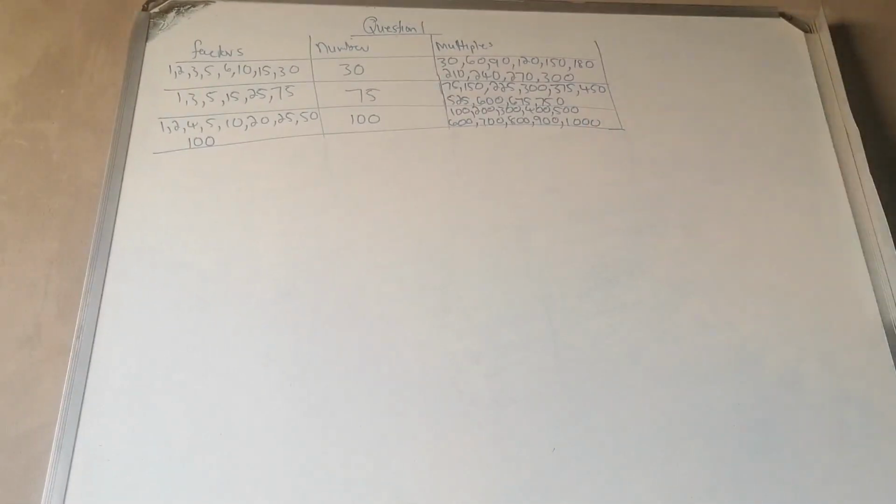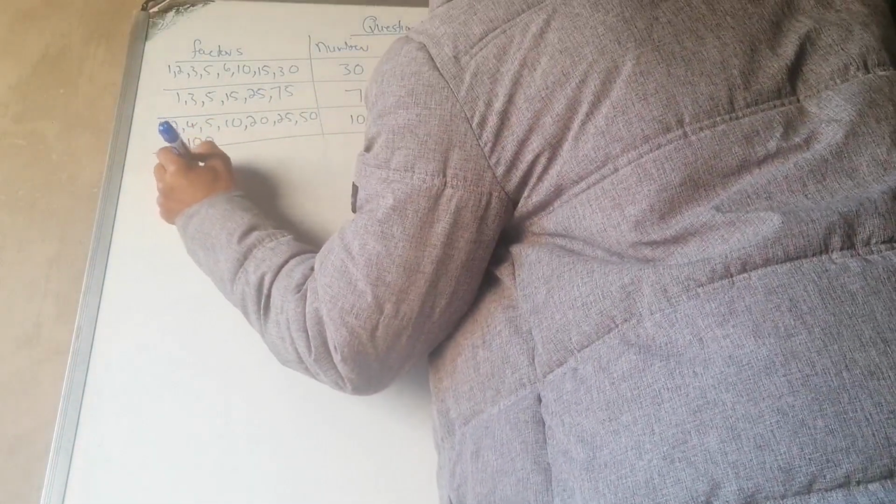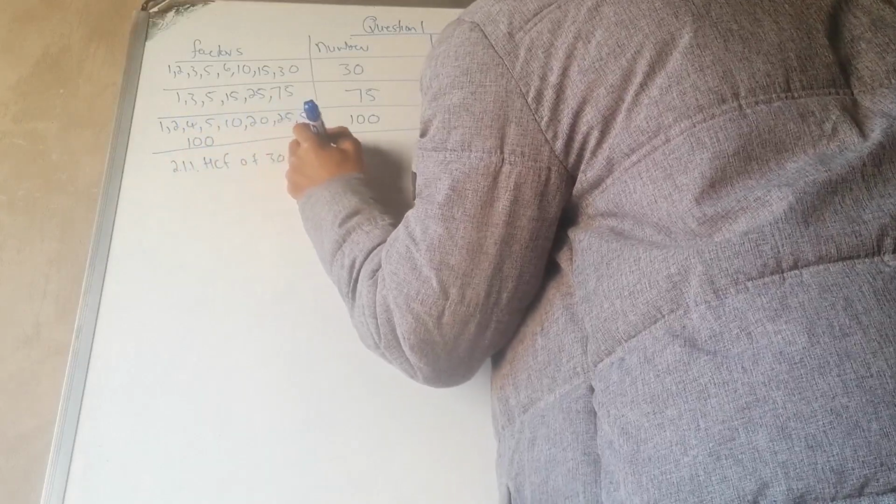And then the question says, write down the HCF of 30 and 75, the highest common factor.